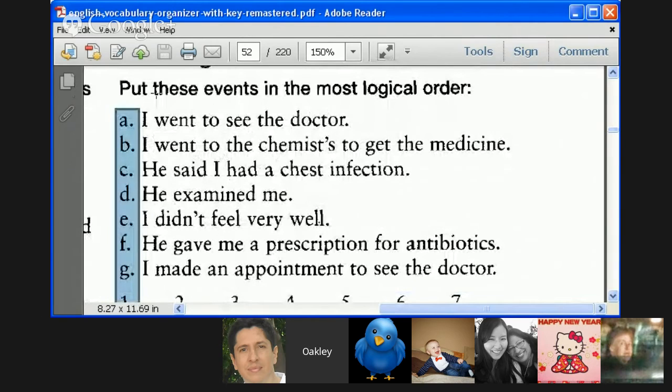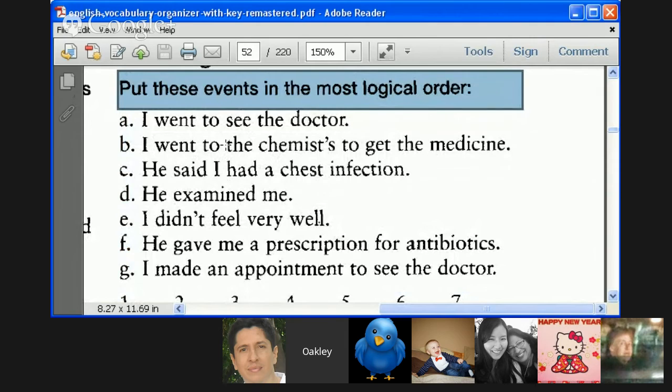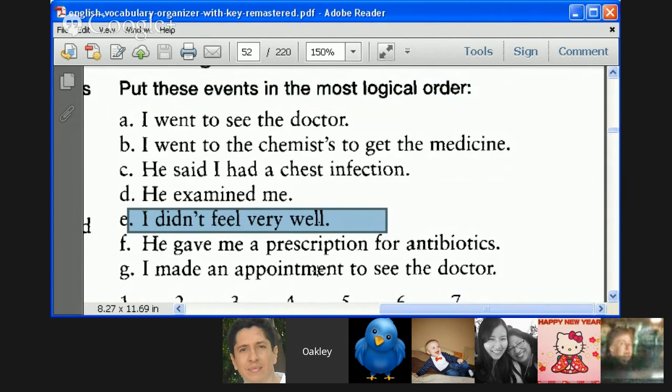Okay, next part. A, B, C, D, E, F, G. We're going to try to put these events in the most logical order. Okay, what is going to happen first? Nader, I'm going to let you go first. E, I didn't feel very well. Okay, let's hope that happens before you go to the doctors instead of after.